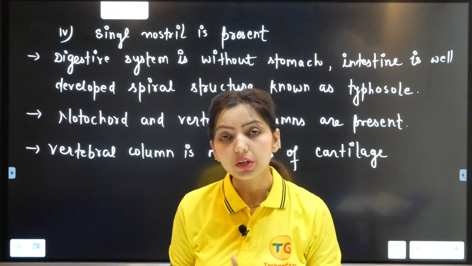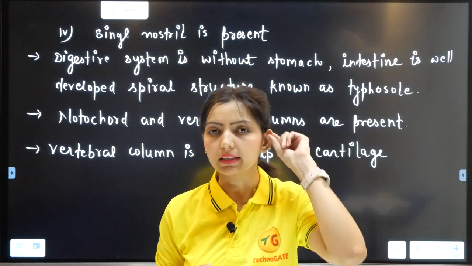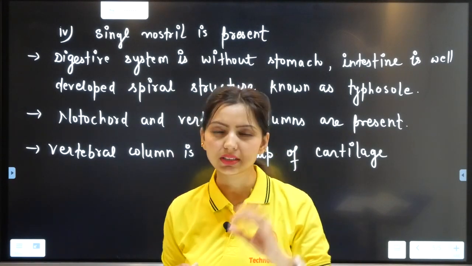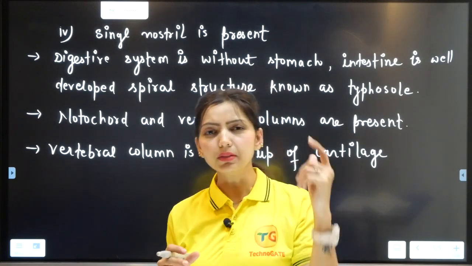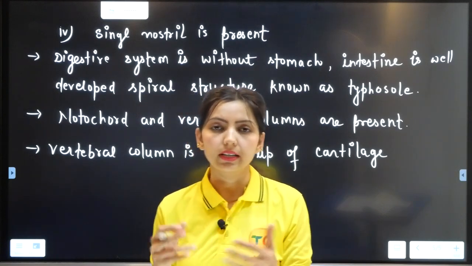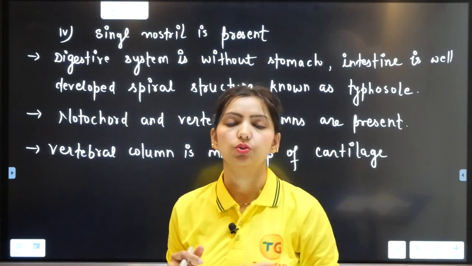Now, where you can observe cartilage is in your ear, the external ear. This part is cartilage. It is neither skin nor bone, something in between. Not that soft as our skin and not that tough as our bones. So something in between. This is cartilage, just like your nose.